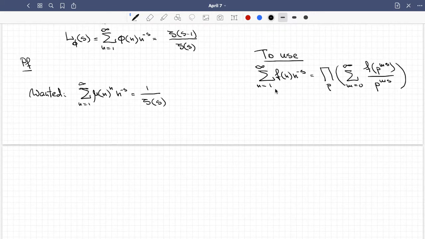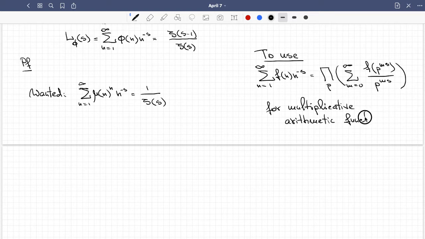By the multiplicativity of mu, this is for multiplicative functions f. So mu is a multiplicative function.